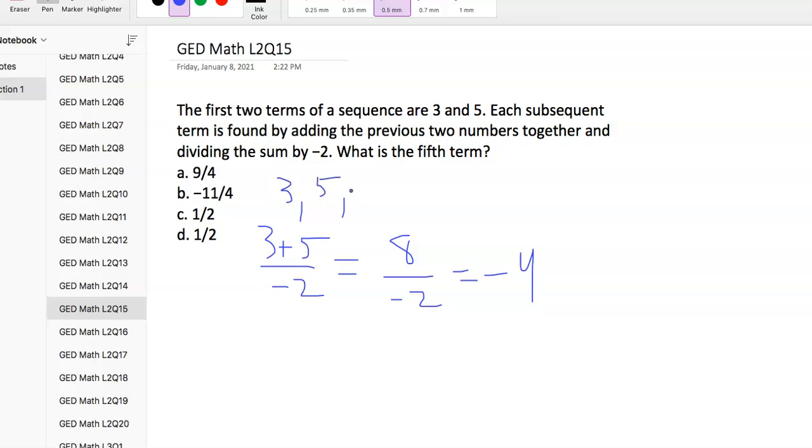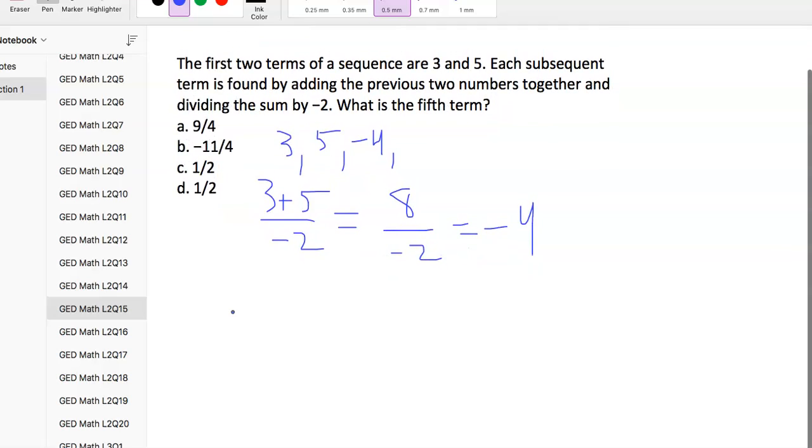Throw a negative on there, -4, right? Okay, so that's the 3rd term. Okay, and so again, what we do is we add the 2 most recent terms together, divide by -2.